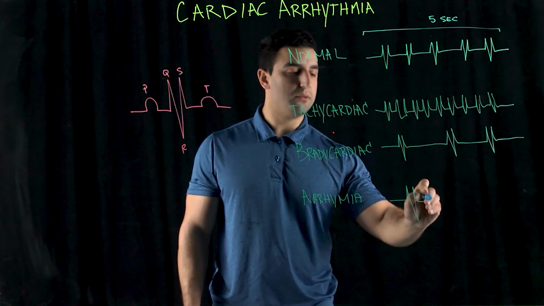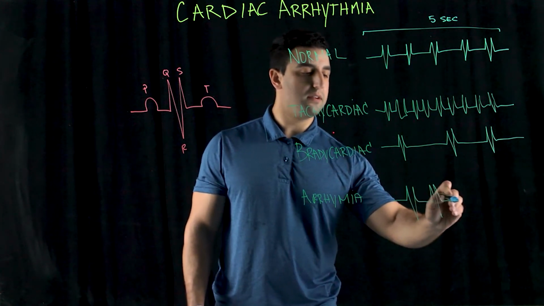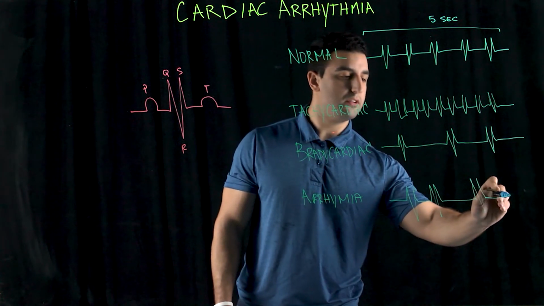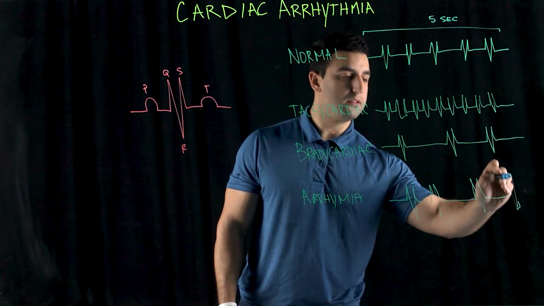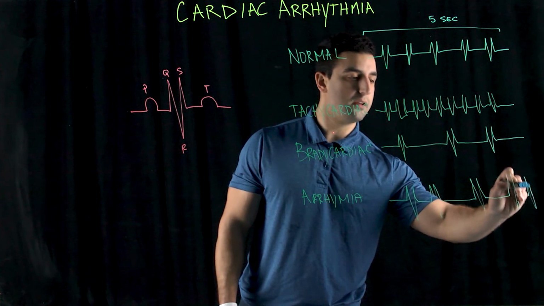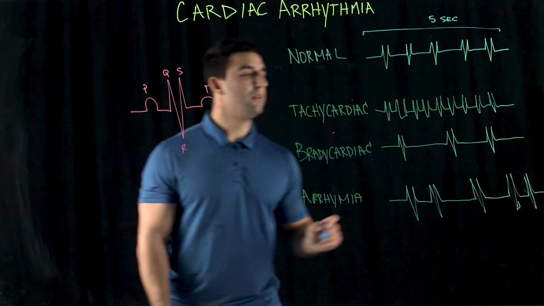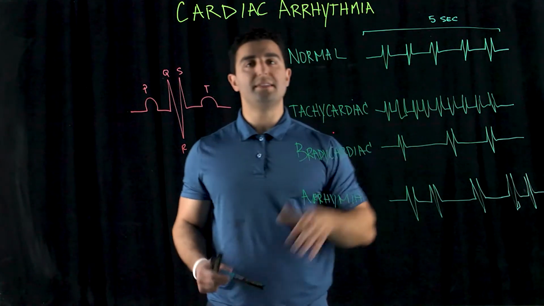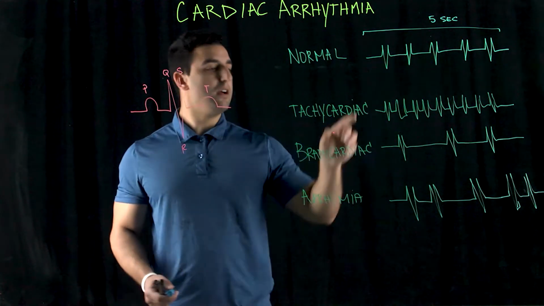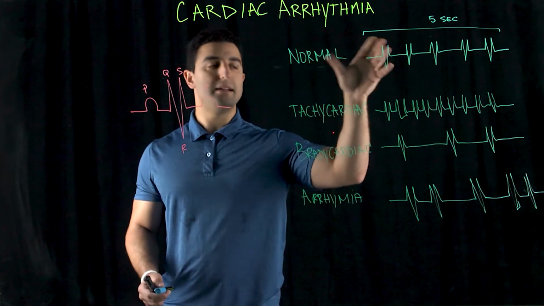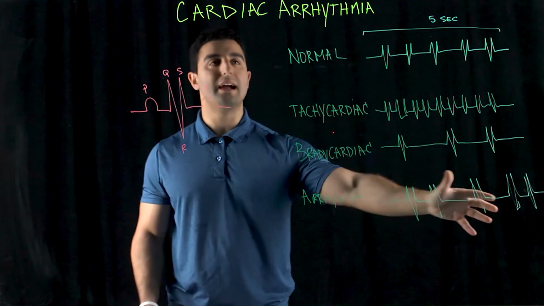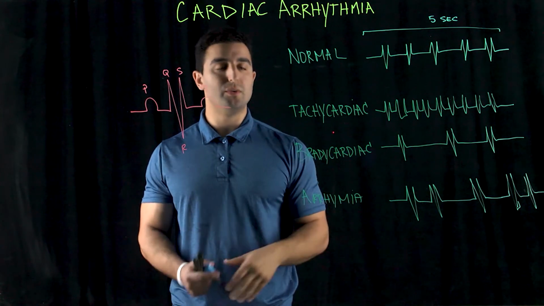If I have, for example, 2 of these sinuses very close to each other, then a big gap between the 2, and another big gap, you'll have instances of bradycardia and tachycardia in combination. Even though during the 5 second span there are 5, the symmetry is lacking, and that's why this is called arrhythmias.